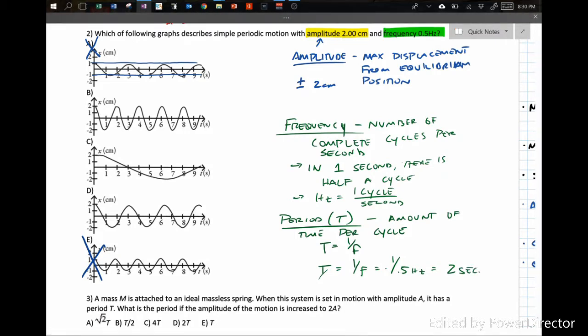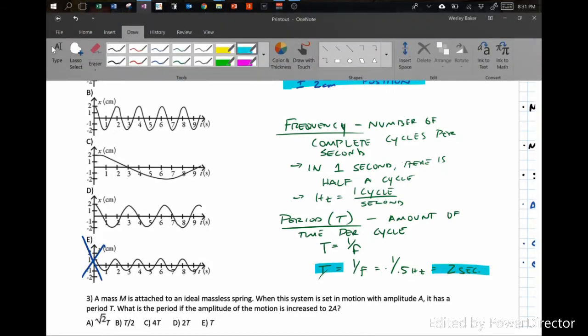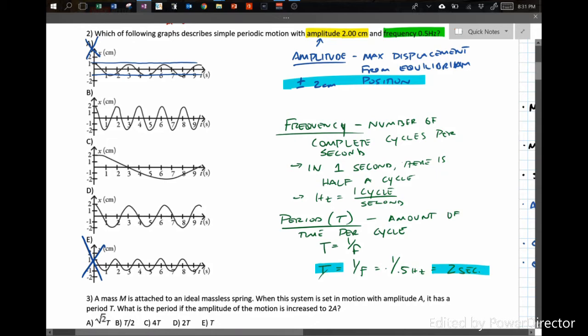So what we're going to do is look through these that we've already decided have the correct amplitude, and find the ones that also have the correct period. So let's look at this. A period is 1 complete cycle, so we're going to outline that in red. So this is 1 complete cycle here. That would be 1 complete cycle there. And here's 1 complete cycle.